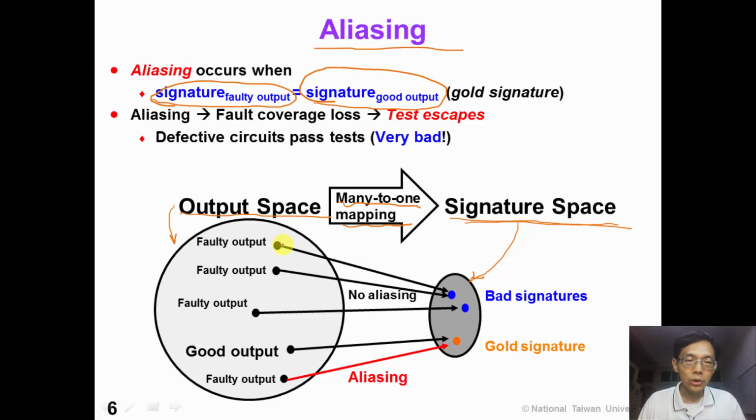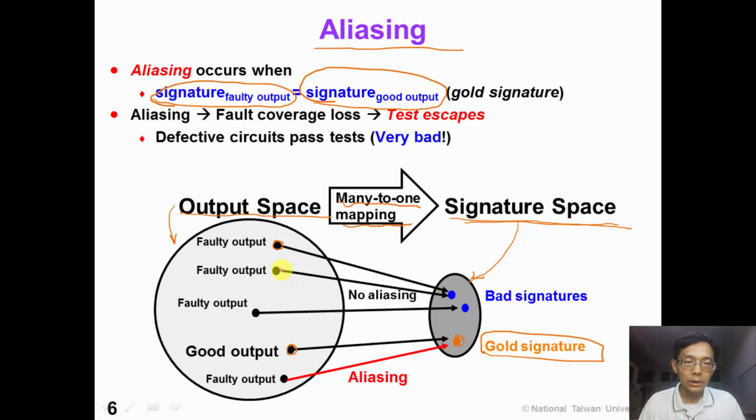In this figure, each dot represents an output of a CUT. The good output of the CUT is compressed into the good gold signature.